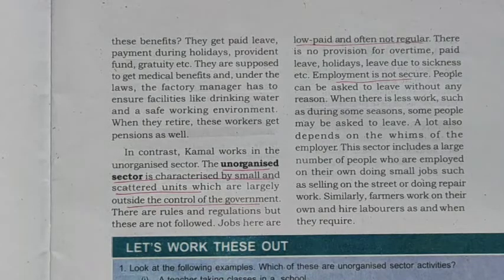Under this, the employment terms are not fixed and regular. They are not even registered with the government. They are paid daily wages and their pay is very low even though they work hard. Also, there are no additional benefits provided to them. This type of sector mainly involves casual workers in construction and shops.